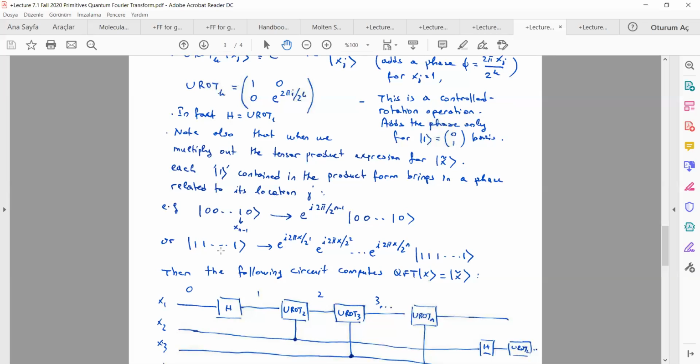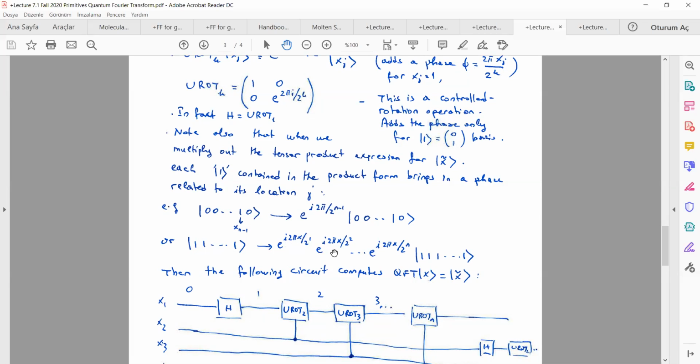So for each one in the input, in the computational basis, when you compute the tensor product and multiply out, in front of the quantum state you would have a phase contribution. Like in the case when you have all the qubits equal 1 in the input, for each one you would have a phase like this. For the first one, you would have e to the i 2 pi x over 2 to the 1.